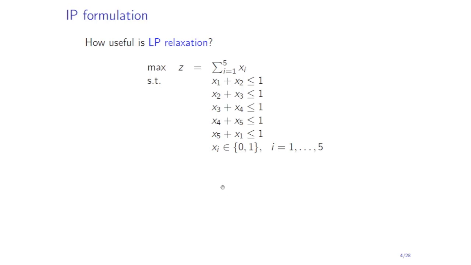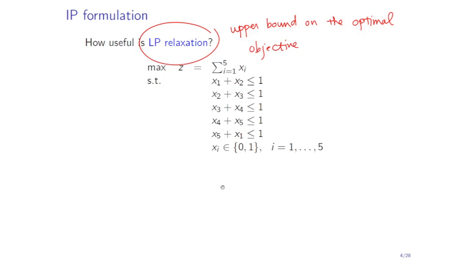So an LP relaxation gives an upper bound on the optimal objective value of the IP, but we cannot use its solution to get an optimal solution to the integer program.